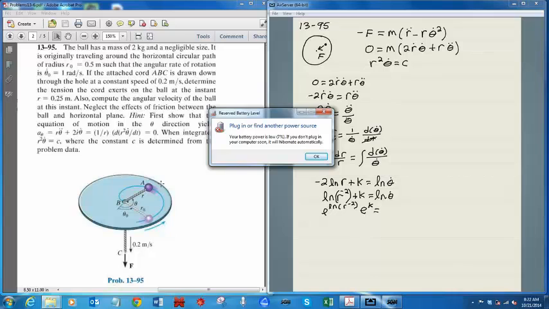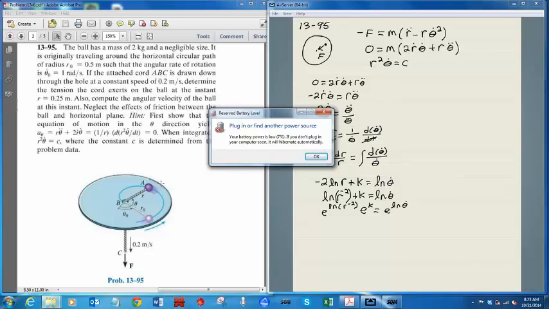That equals, on the right hand side, e to the ln of theta dot. So e to the ln annihilate each other, because they're inverse functions.